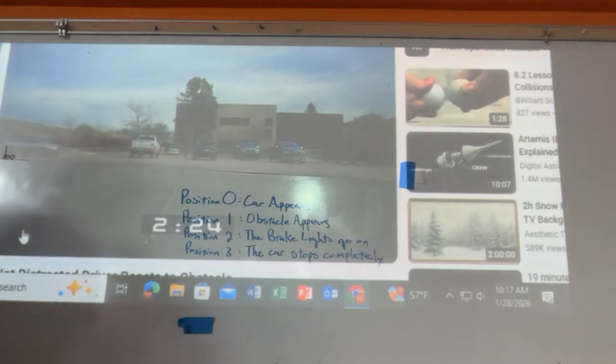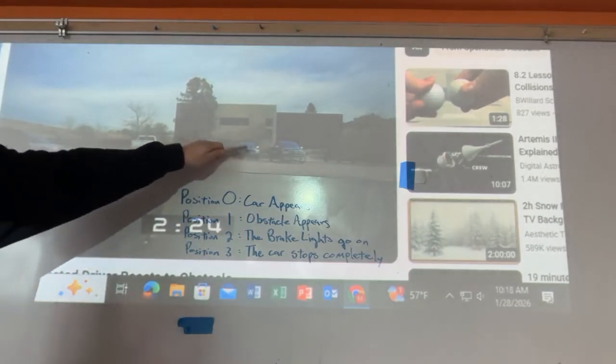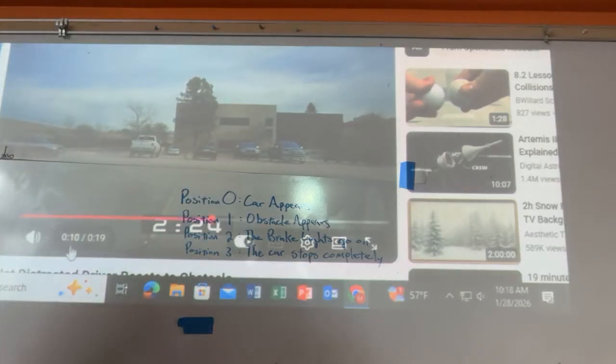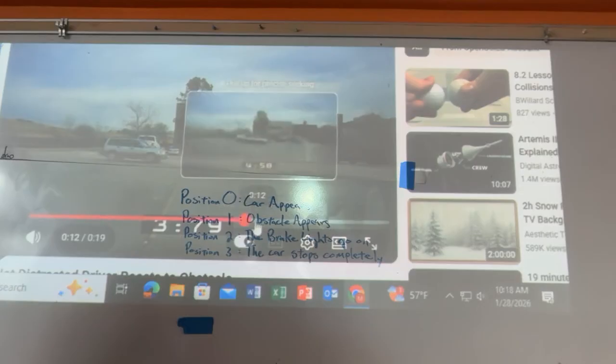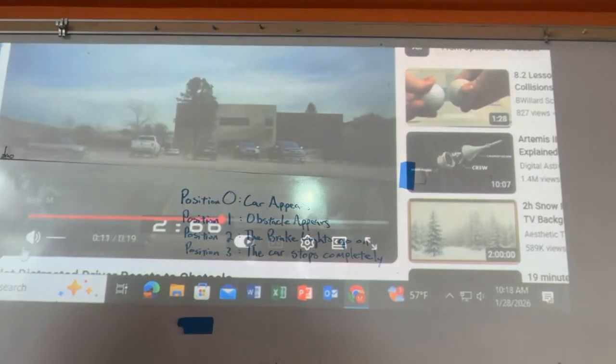Now, let's stop the video when the obstacle appears. Notice the cone that appears around this area. There's the cone. Let's back it up frame by frame. Okay, and I'll try to pause it exactly.